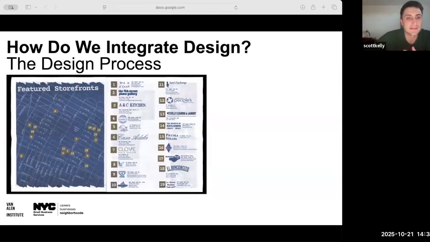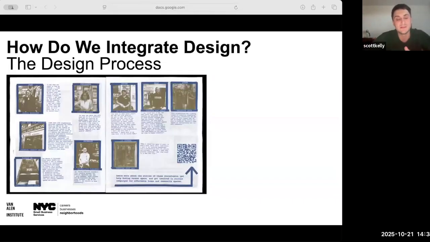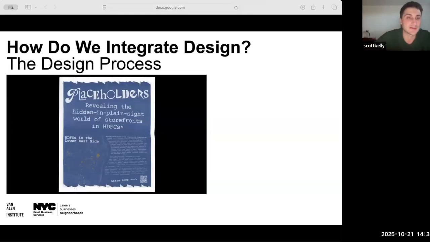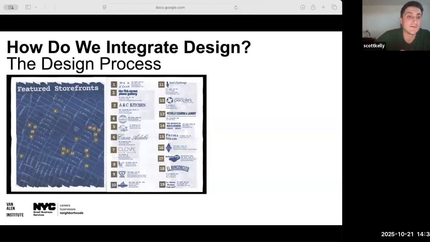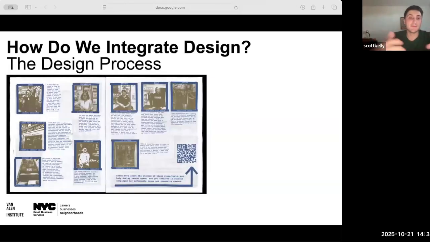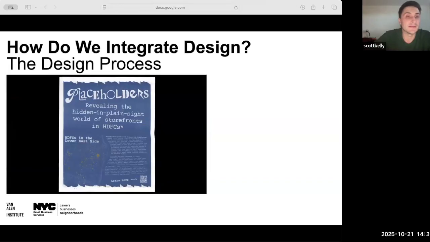Here again, we translated some of those storefront installation elements into a printed companion, a newsprint, newspaper-textured magazine. You're lifting the color schemes, the tape, the rougher zine aesthetic, and applying it to a printed thing.